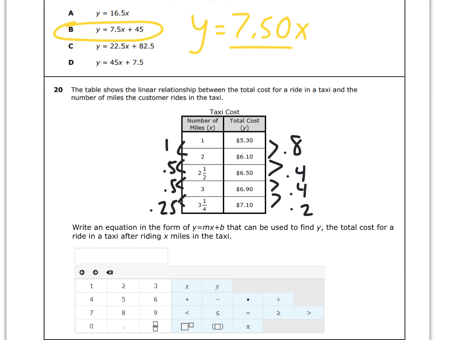I could pick any of these and any of these, but I'm not going to do that. What I'm going to do instead is pick this one and this one, because those are easier to deal with. So y equals 0.8x, because change in y over change in x is 0.8, right? Anything divided by 1 is itself.